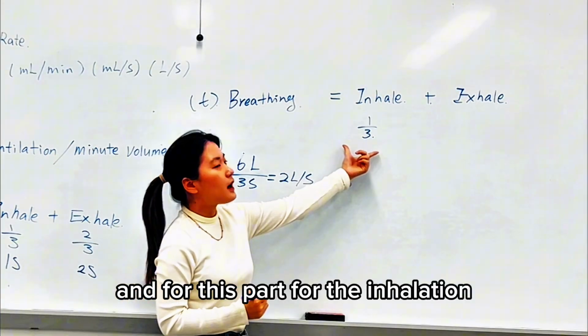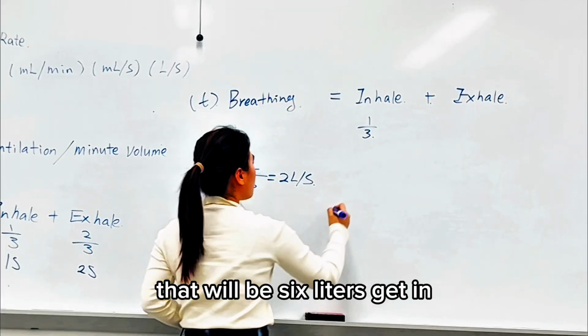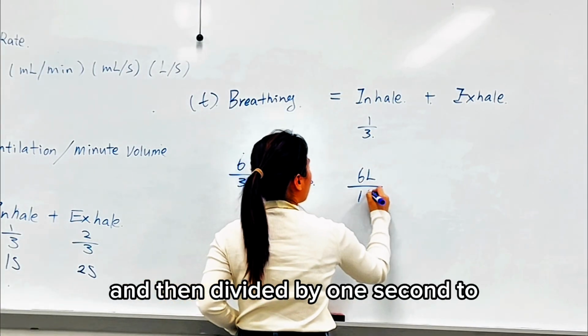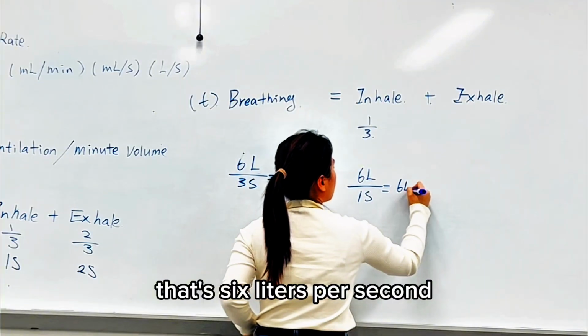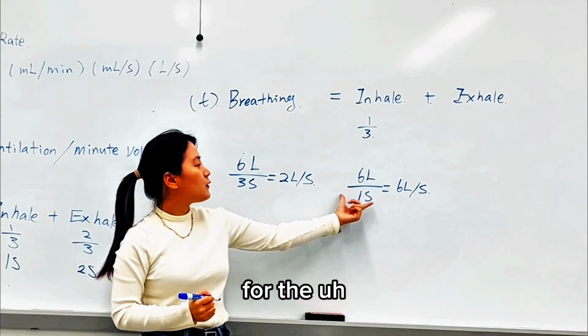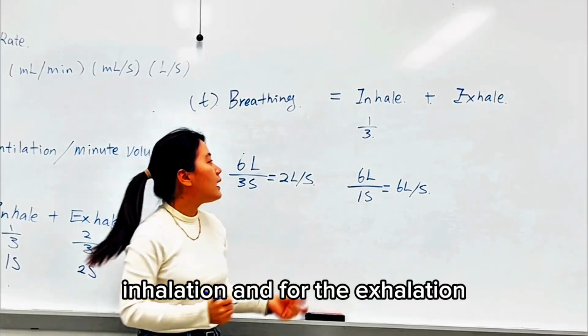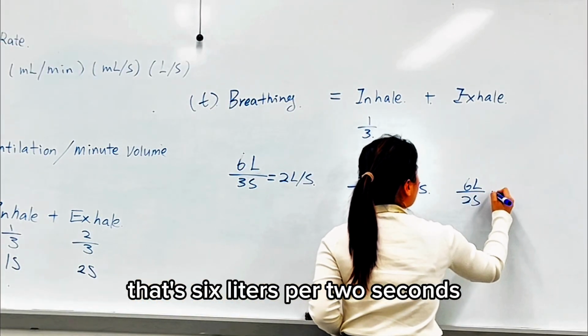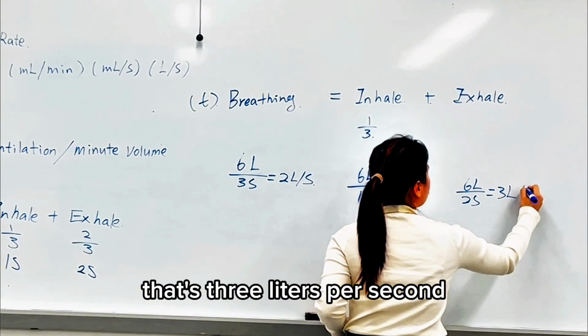For the inhalation, 6 liters get in, divided by 1 second, to get 6 liters per second. So for the inhalation, we have 6 liters per second. And for the exhalation, that's 6 liters per 2 seconds, which is 3 liters per second.